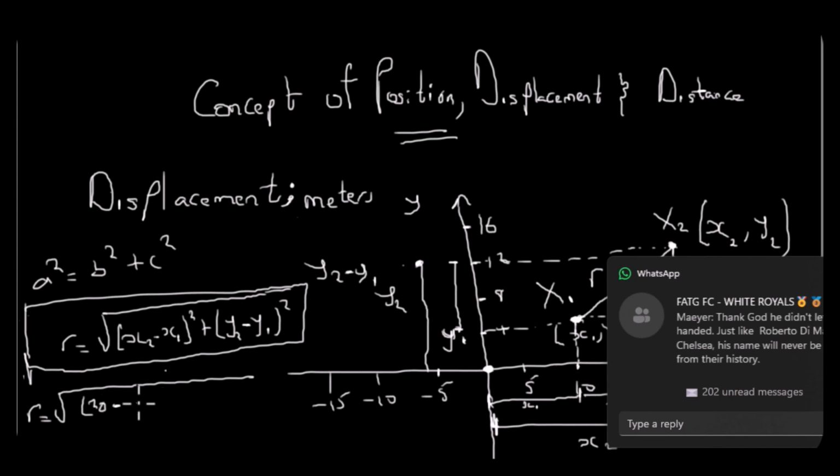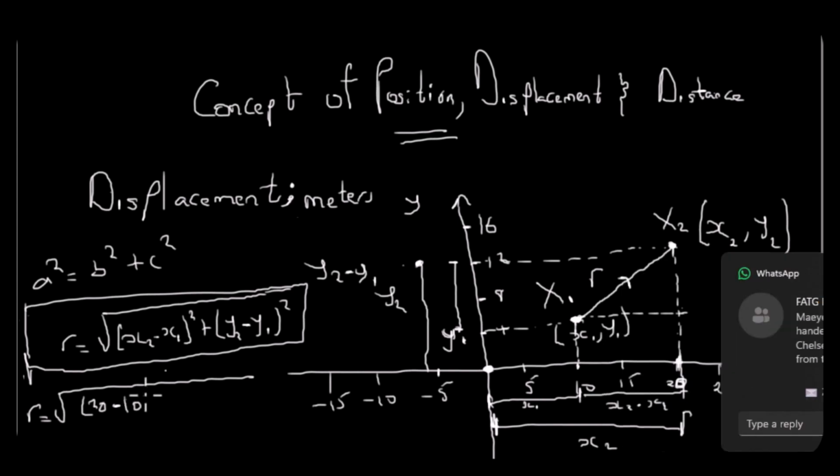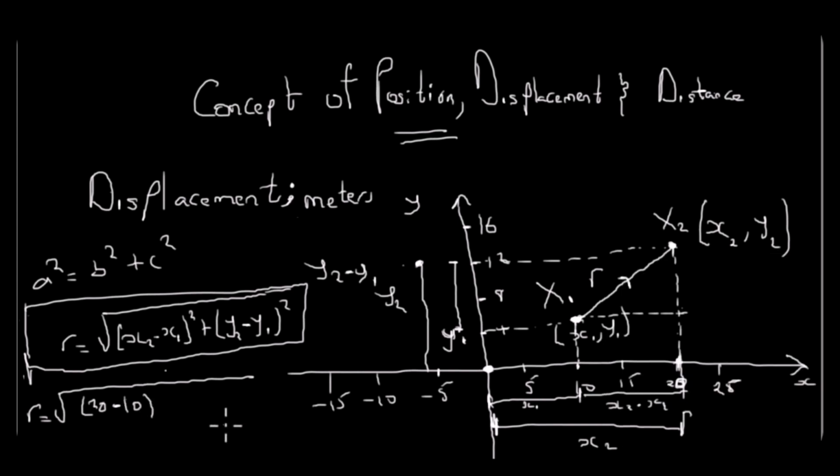20 minus 10. Okay. Then everything all squared plus, then what is my y1? Sorry, y2 rather. So y2 will simply be equal to 12. That's 12 minus, what is my y1? So y1 is 4, then squared.